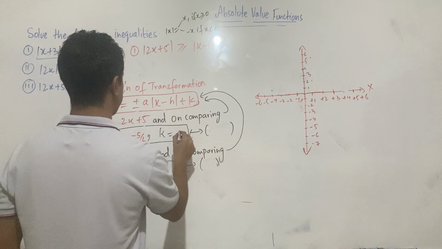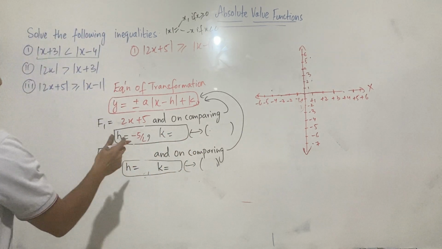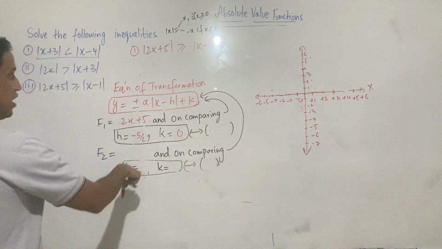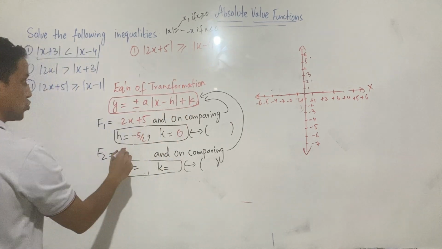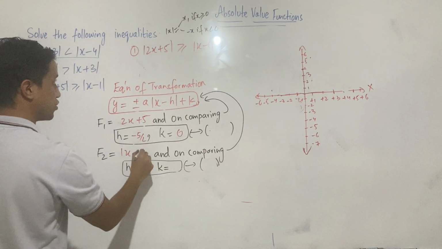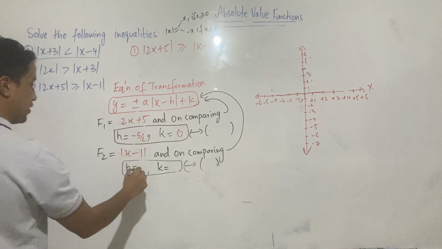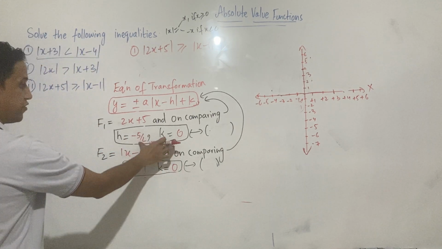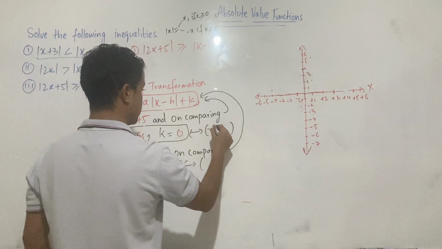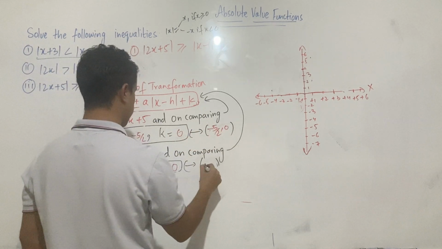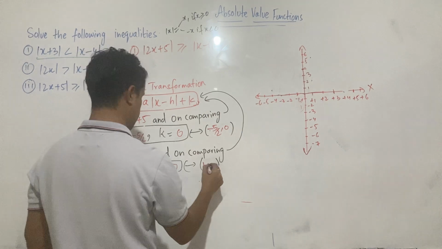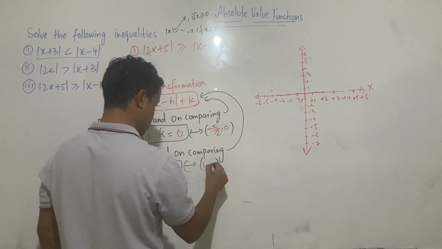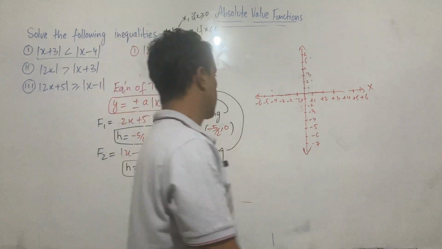K is 0, right? And function 2 is the absolute value function x minus 1. Here the x-intercept is 1, k is 0. Okay, if you arrange them in an ordered pair of numbers, x-intercept, y-intercept, here it is x-intercept and it is y-intercept, right?